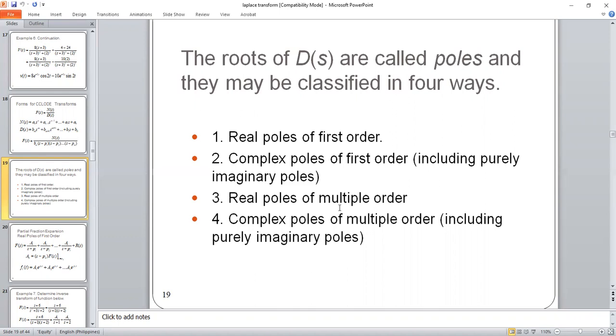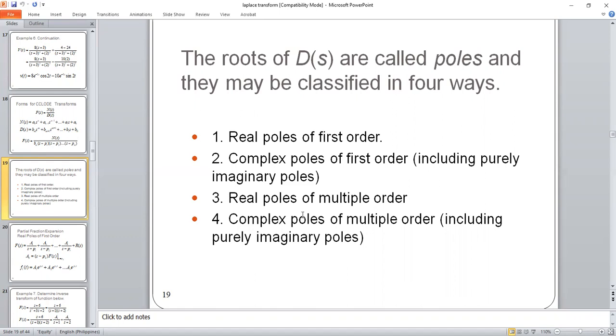I hope you can still remember because we just finished it a few weeks ago. So that's it when you have repeated. So if your linear root is not as simple as S cubed, for example, it's S minus 1 quantity squared, when you write its equivalent partial fractions, you write A over S minus 1, plus B over S minus 1 squared.